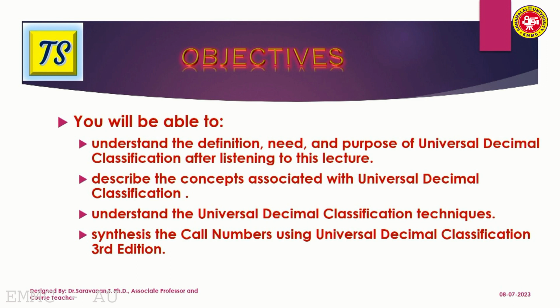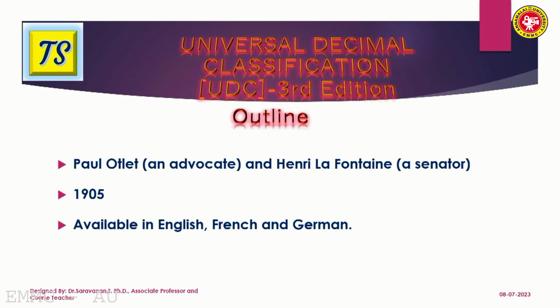Let me start this session. A basic introduction about Universal Decimal Classification. It was developed by Paul Otlet and Henri La Fontaine. Of course, this scheme follows the basics of Dewey Decimal Classification. Almost it has the same structure as DDC.